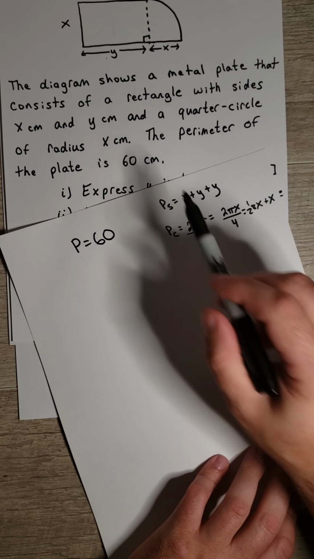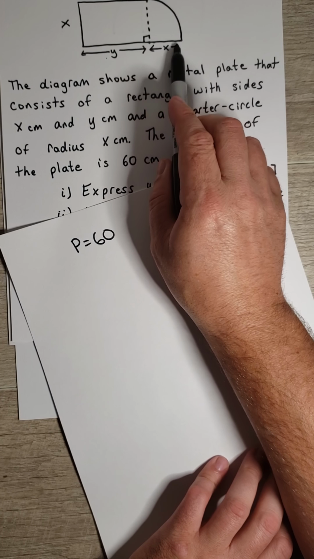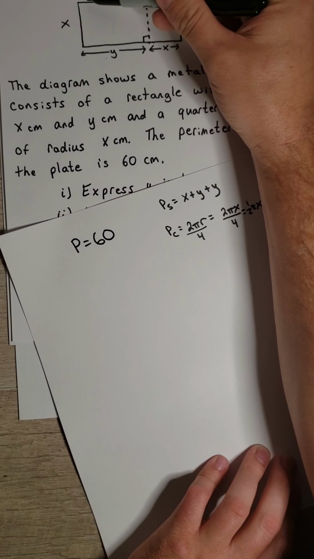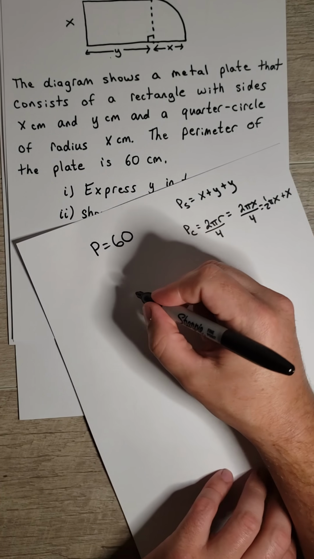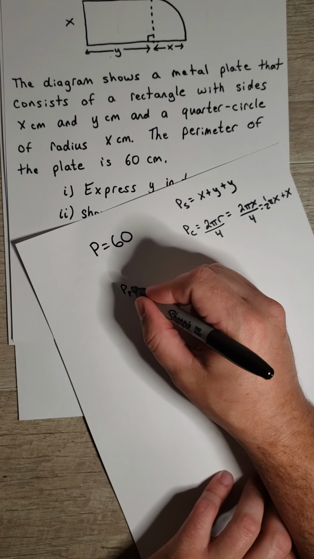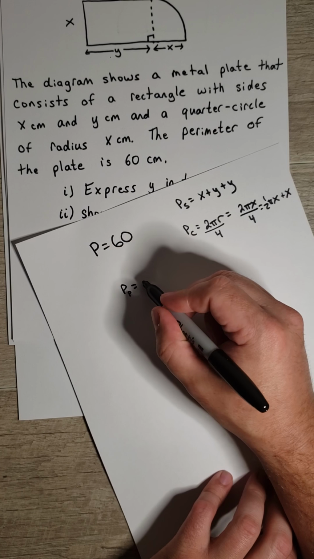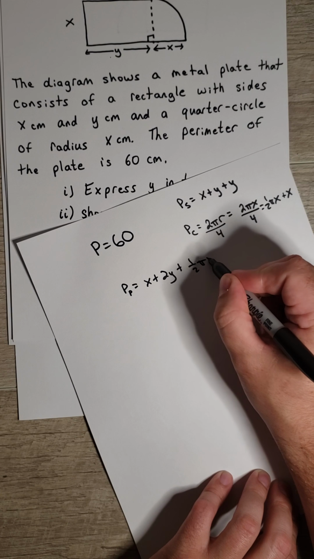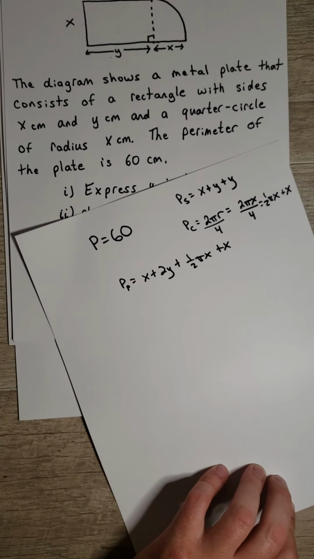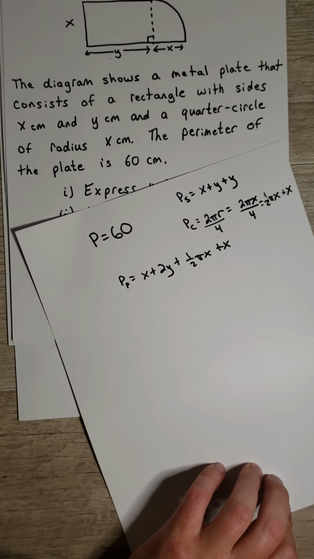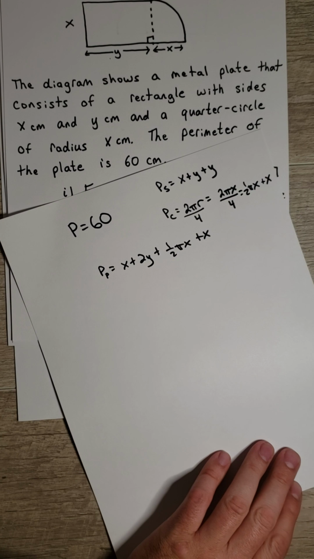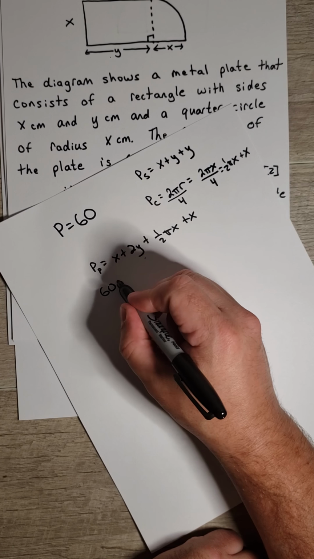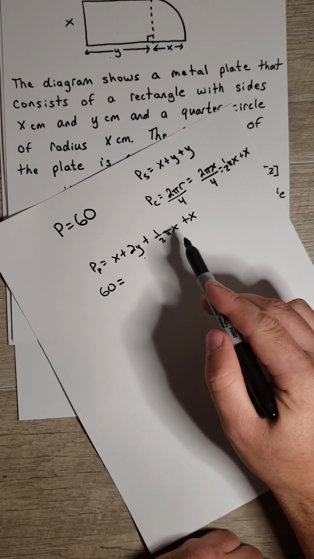Now for the perimeter, we have y, x, the 1/2 pi x, y, and x. So the perimeter of the plate is x plus 2y plus 1/2 pi x plus x. I just added all 5 of those terms up. Now we know the perimeter of the plate is 60, so we set this equal to 60, and we can simplify a little bit.